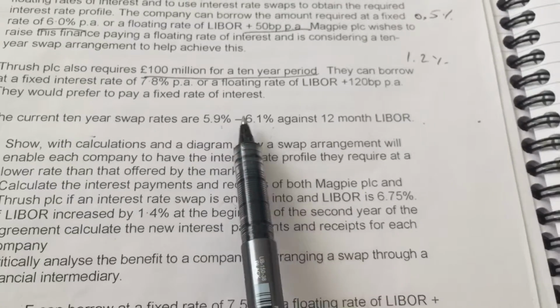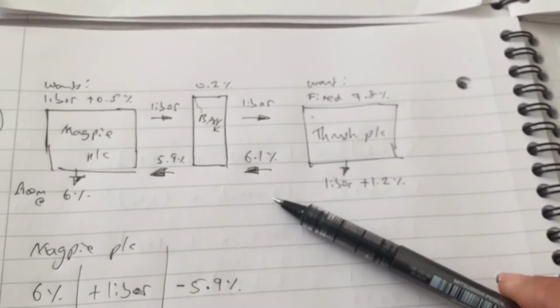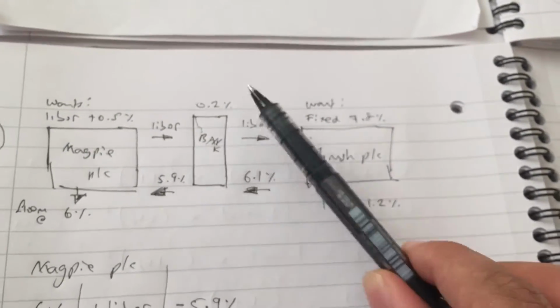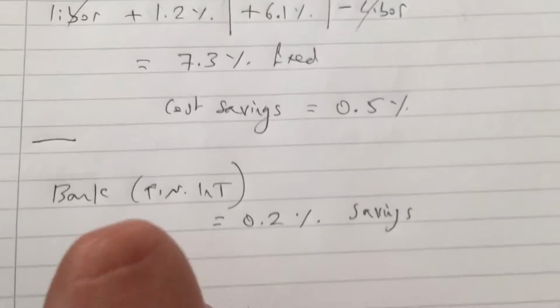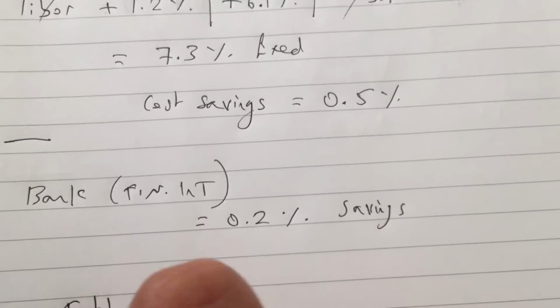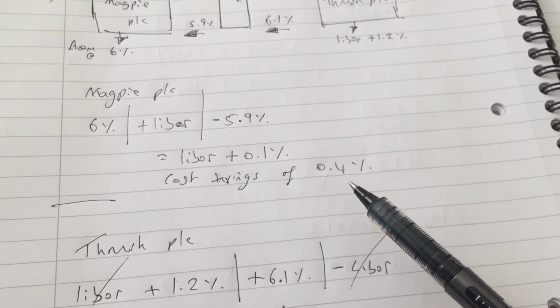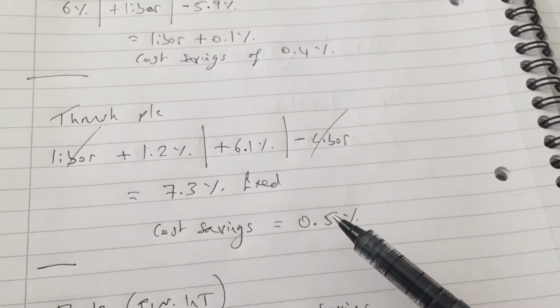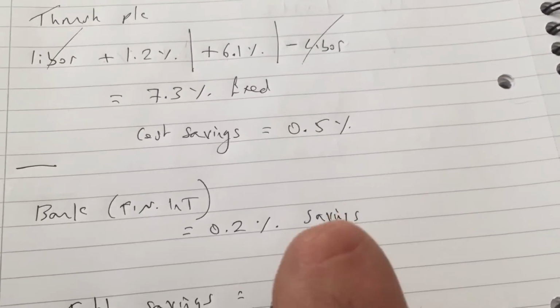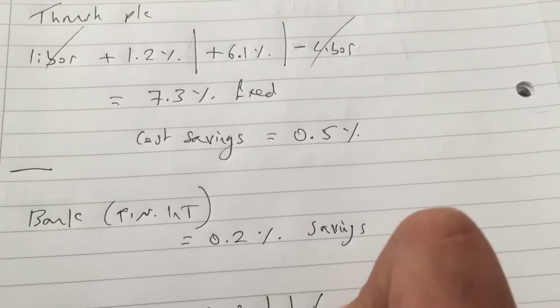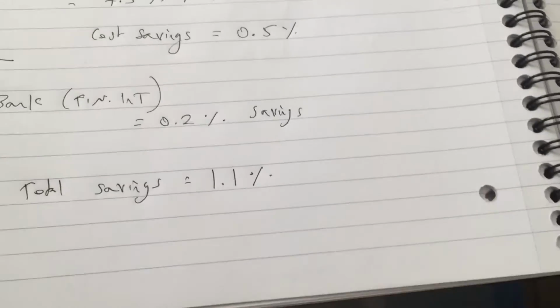6.1% minus 5.9%. So 6.1 going in, 5.9 coming out. They've made 0.2%. So if we just look at it as total savings from the interest rate swaps, the total savings are Magpie, savings of 0.4, Frush, 0.5, so that's 0.9, add the 0.2, total cost savings, 1.1%.